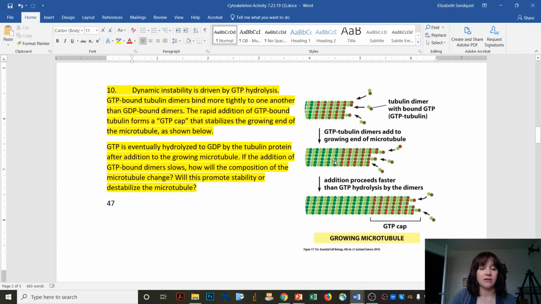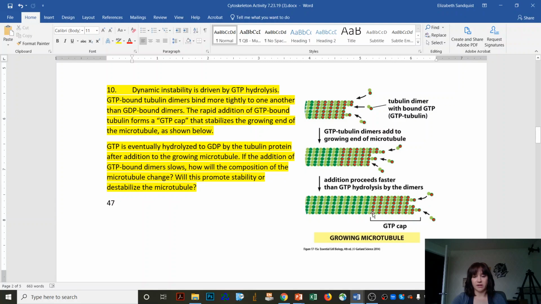So when we talk about question 10, we've got this GTP cap that stabilizes the end of the microtubule. And if the addition of these GTP-bound dimers slows, how will the composition of the microtubule change? These tubulin dimers that have been attached, over time, are going to hydrolyze their GTP molecules.